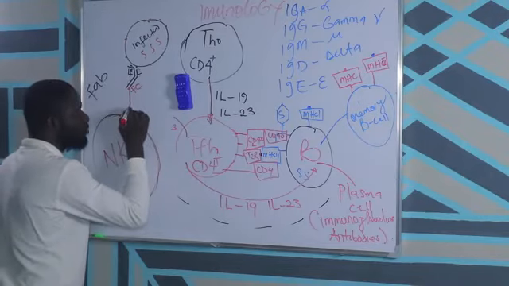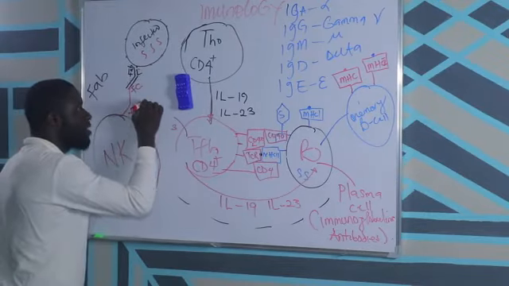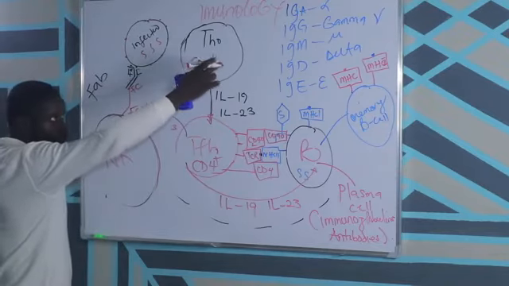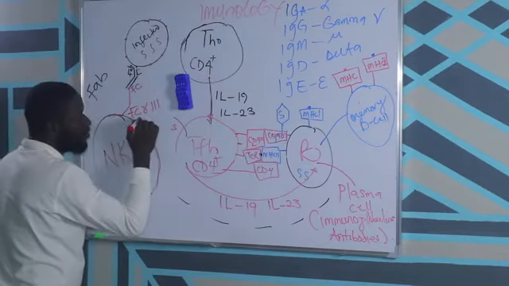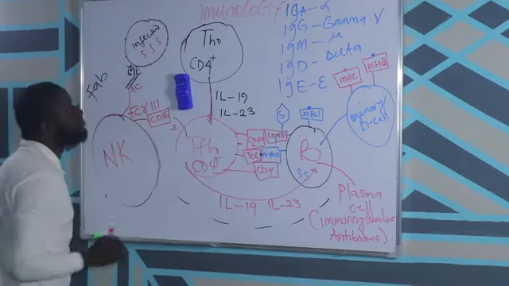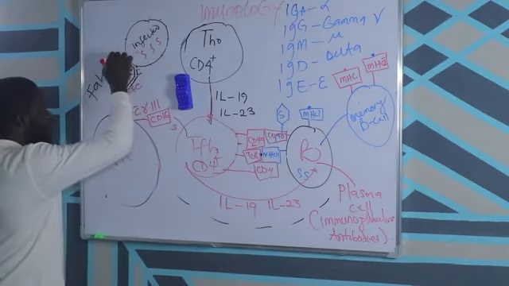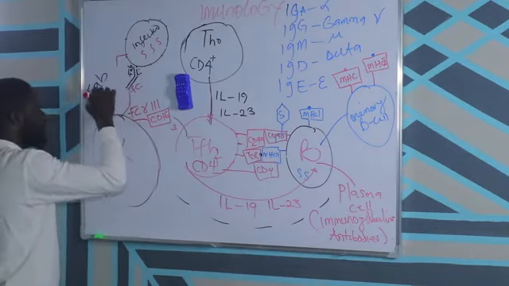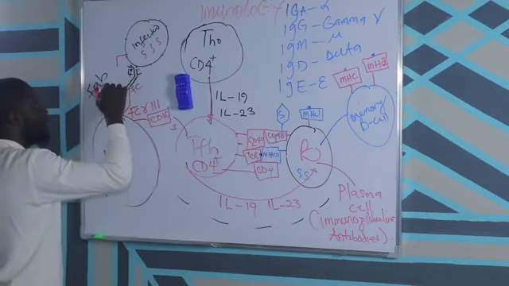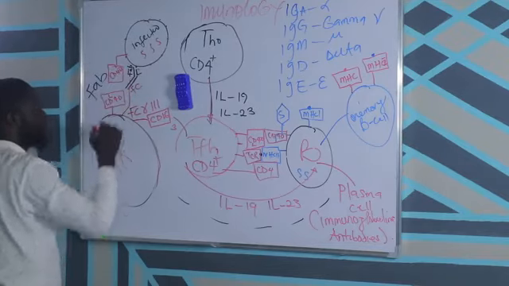This receptor is called FC gamma 3, gamma for immunoglobulin G. Another name for FC gamma 3 is CD16. And do not forget, on the NK cell we have the CD40 ligand, and on the body of the infected cell, we have the CD40.